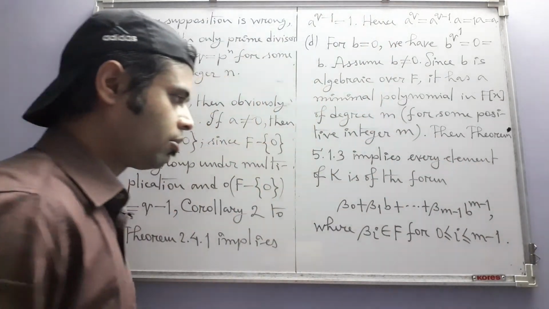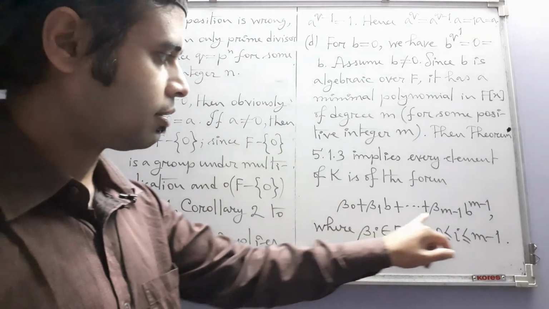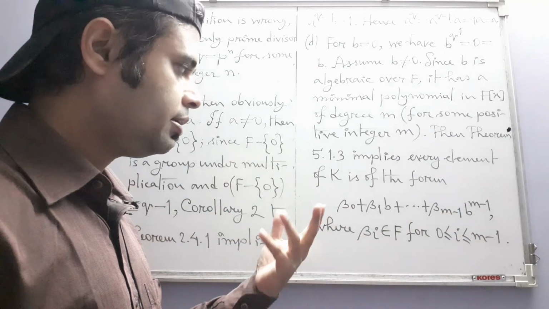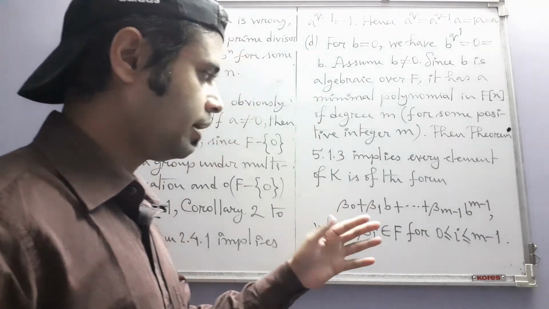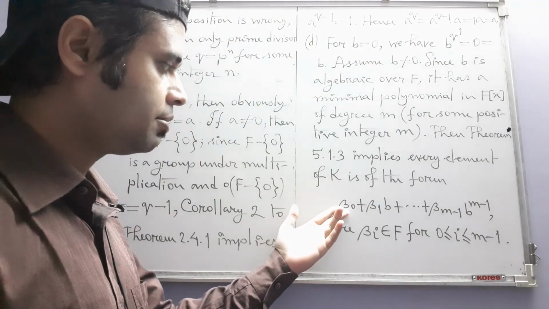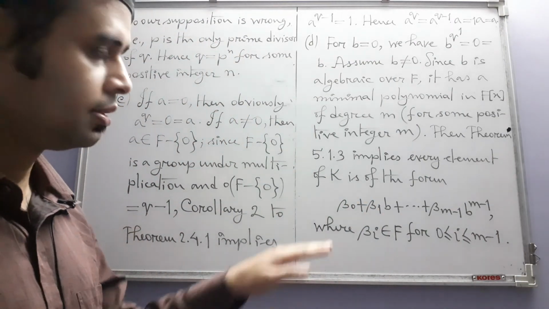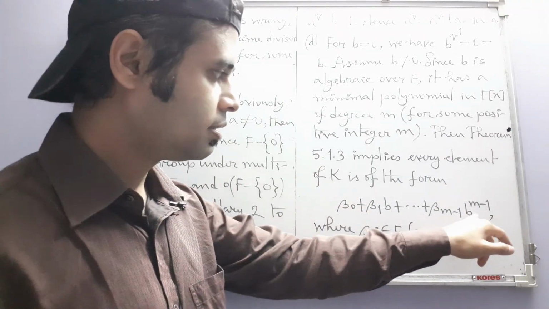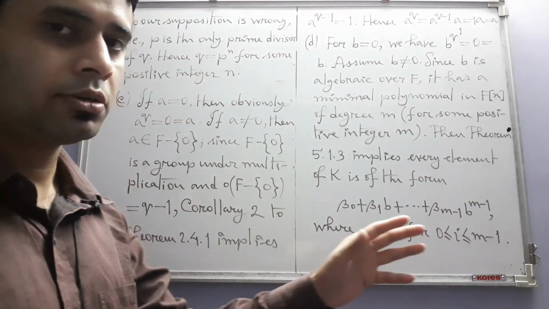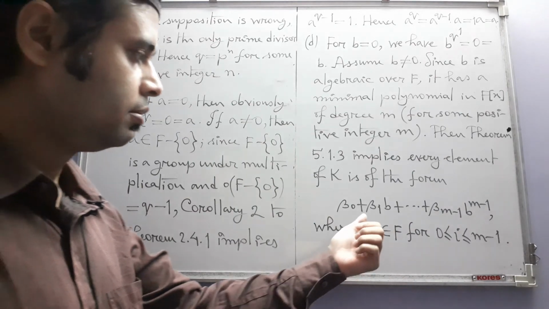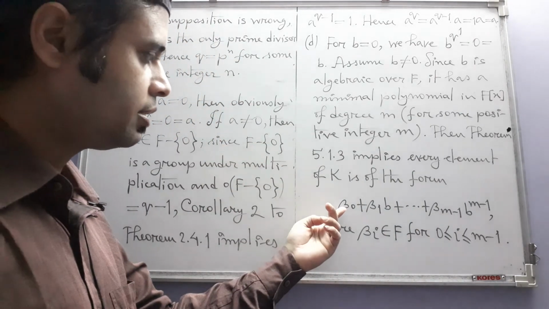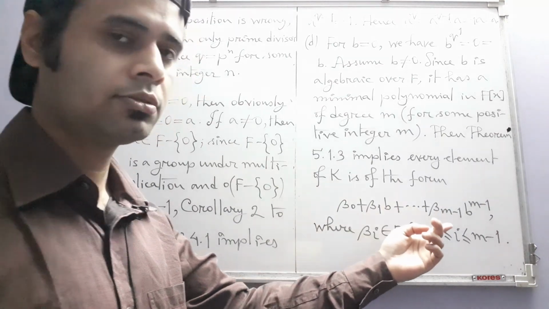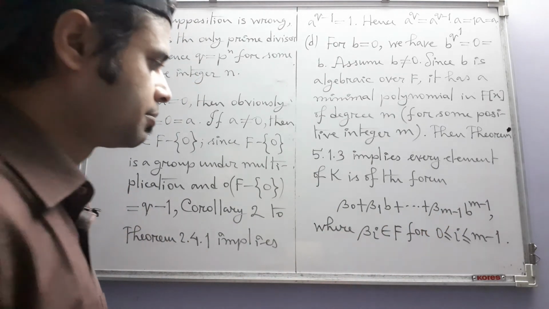Now any element is of this form, so the elements can be obtained by changing the beta i's in this expression, because the powers of b are fixed. The only things you can change are these coefficients, the field elements.